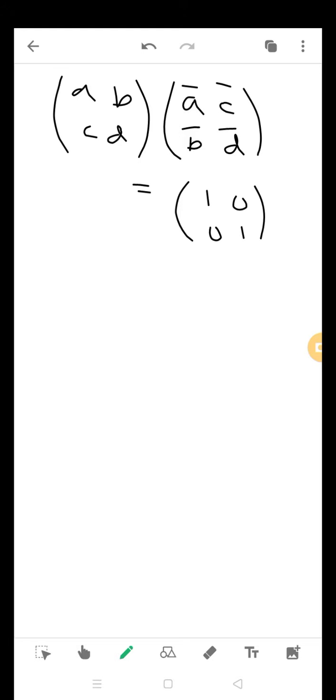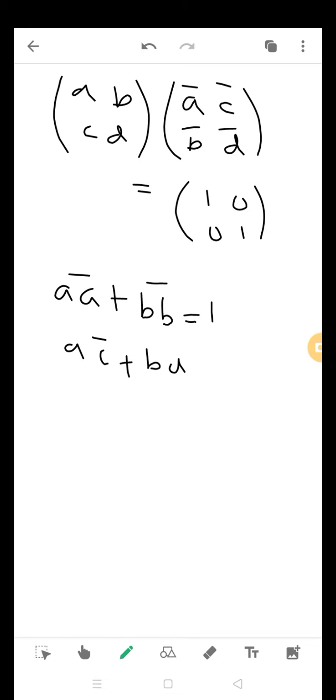So A A bar plus B B bar is equal to 1. Then A C bar plus B D bar is equal to 0.